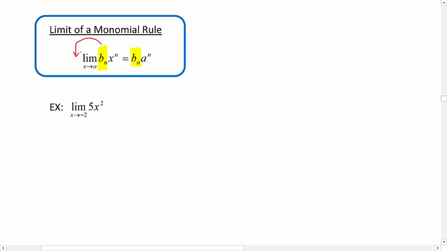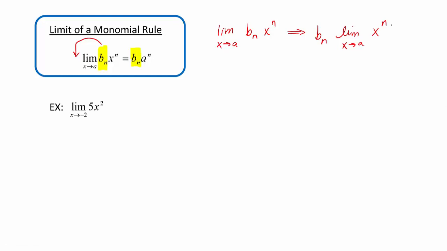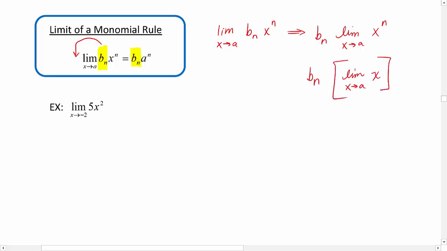Maybe let me write it out like this. The limit as x approaches a of b sub n times x to the n. This becomes b sub n out in front, and then we have the limit as x approaches a of x to the n. Well, then we saw that with our power rule, that b sub n still out in front, this becomes the limit as x approaches a of x, and then all that raised to the n.